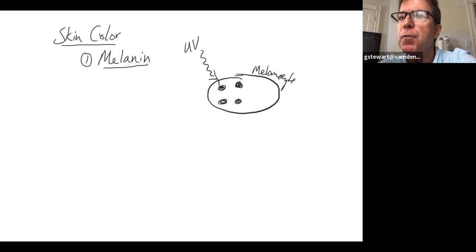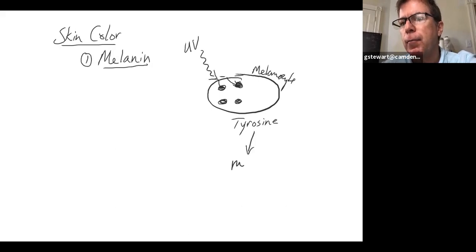When the UV light penetrates and hits these melanosomes, it causes that amino acid, tyrosine, to be converted to melanin. And that occurs in the presence of an enzyme called tyrosinase.